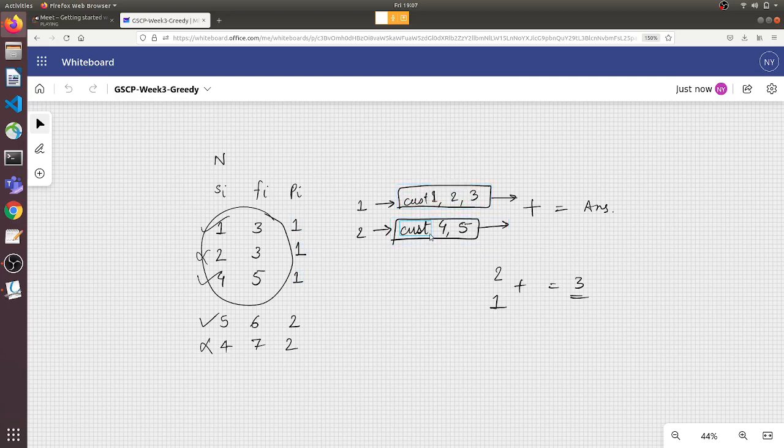The second one for counter 2 will take n2 log n2 time. If we do the summation of all of that, it is bounded by order n log n. So the time complexity of the algorithm that we just discussed is order n log n.